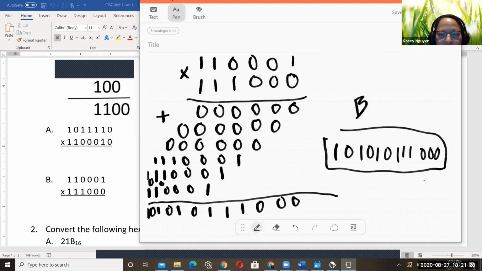The only area where we might run into issues is making sure that we add with the proper carry, right? So when you have a 1 plus a 1, make sure you carry it over and then handle 2 numbers at a time.